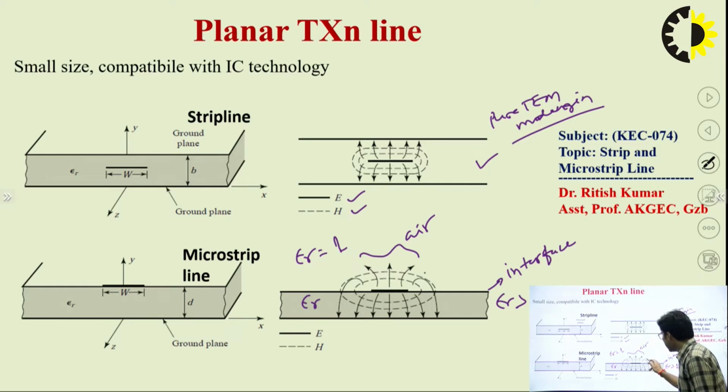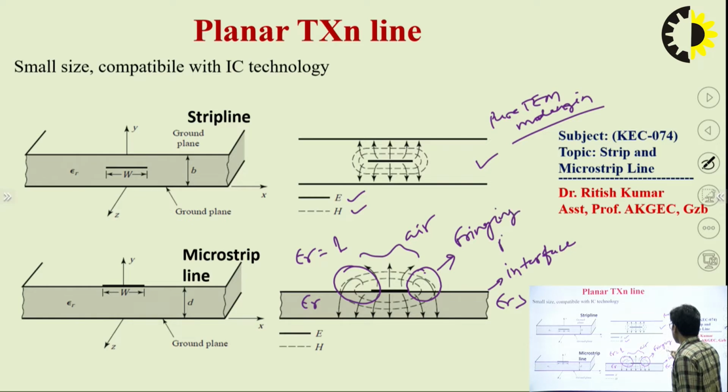This interface has this kind of bending nature of electric field. This bending nature of electric field at the interface of the two media is known as fringing field, and this fringing field is the main cause of radiation.